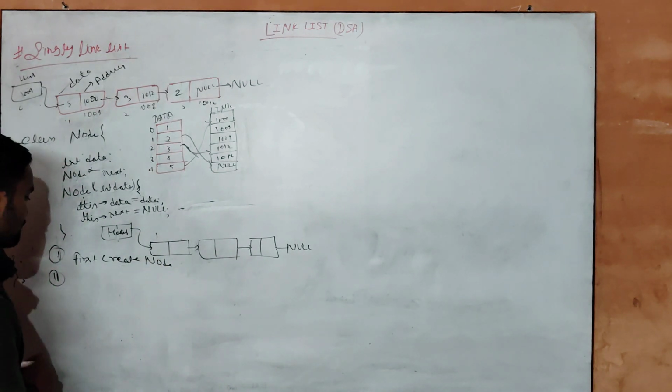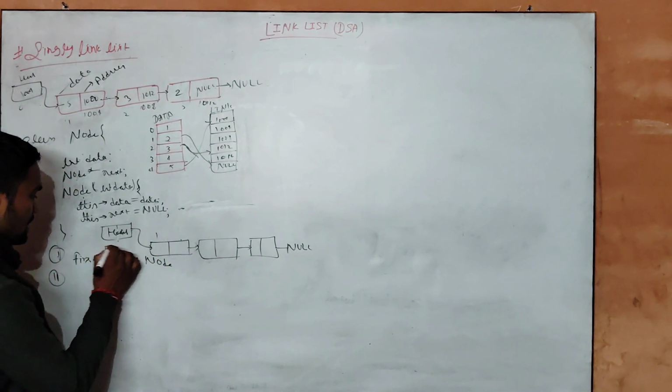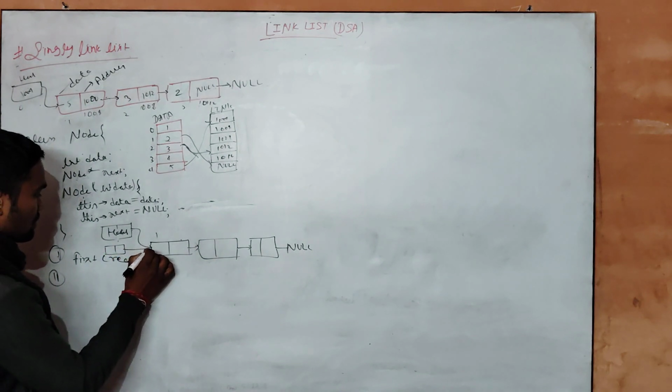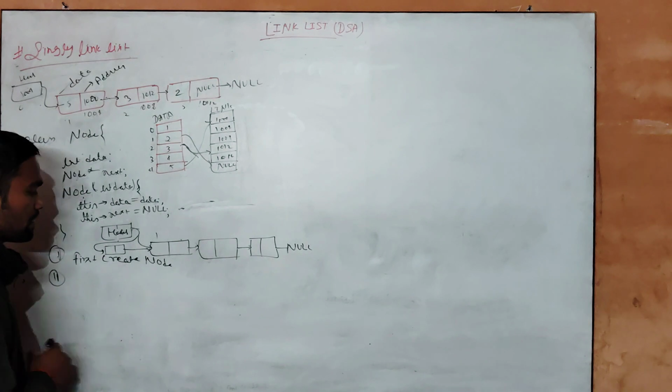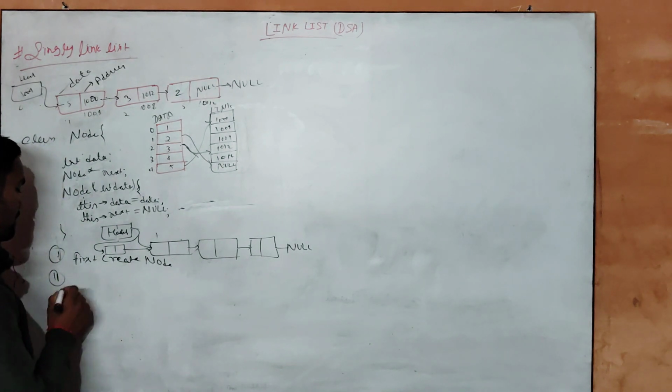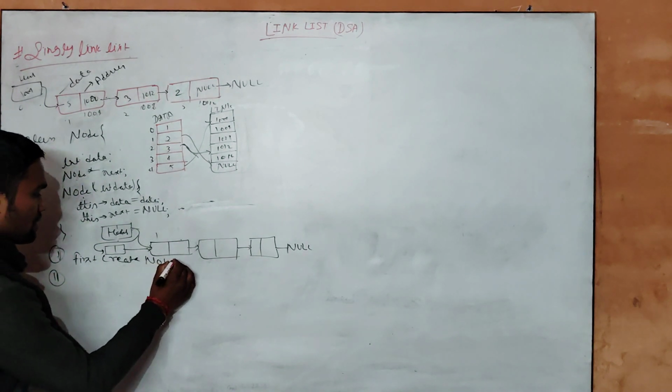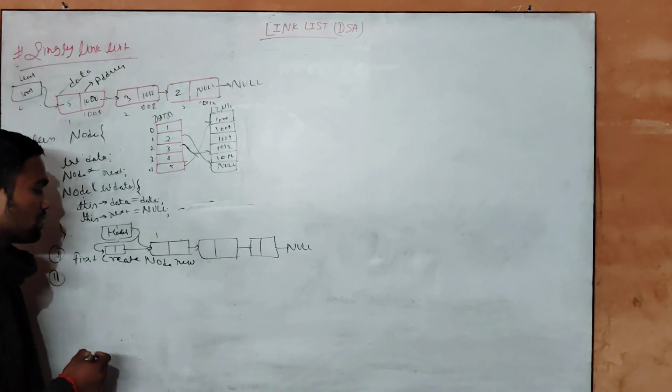Next line, suppose we are inserting data in this form. This pointer will denote this new node. First create the new node.